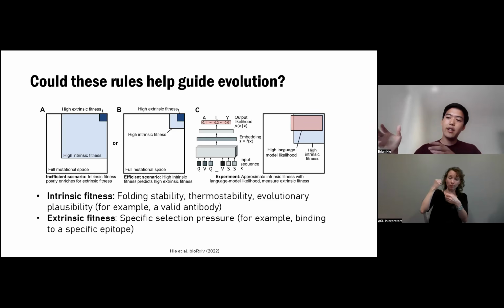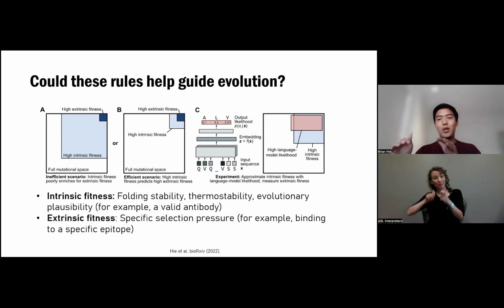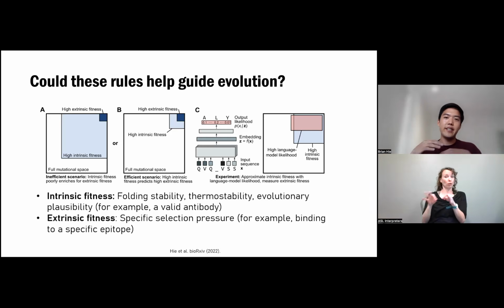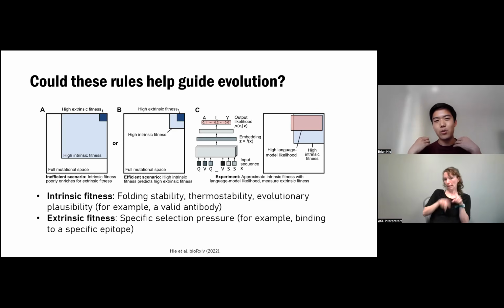And so we're calling that specific laboratory-defined selection pressure extrinsic fitness. If you want a language model to help predict this extrinsic fitness, this specific selection pressure, it will need to do so indirectly. There's no way it could directly predict extrinsic fitness, at least explicitly.